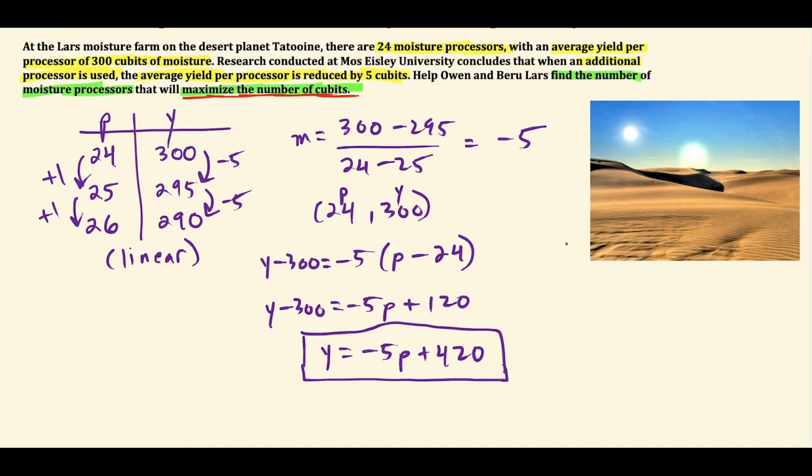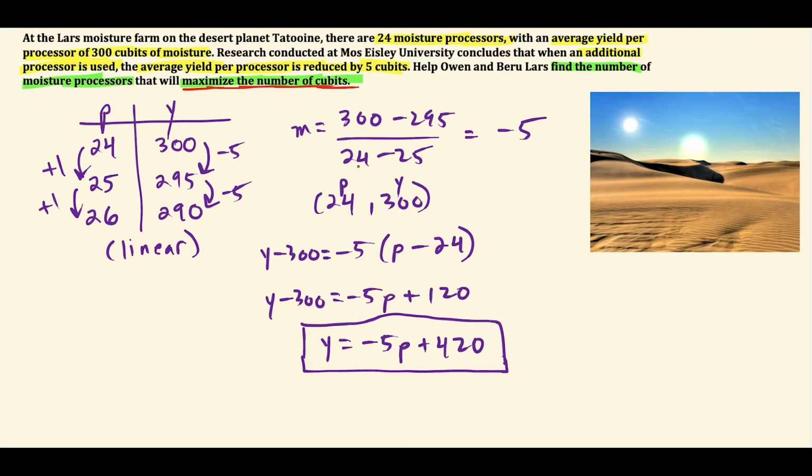But remember, don't lose sight of the actual question. The actual question is to maximize the number of cubits. So what we need to be able to do is come up with an equation, C equals, that models the number of cubits. Well, let's think about P represents the number of processors. So this is our processors here.